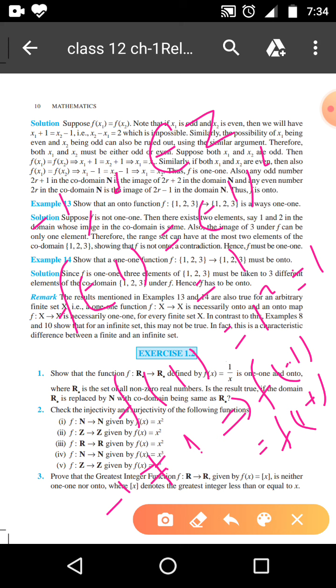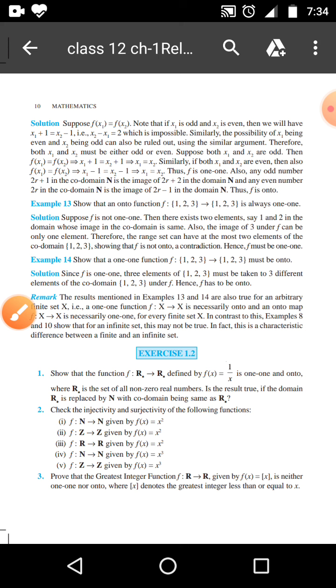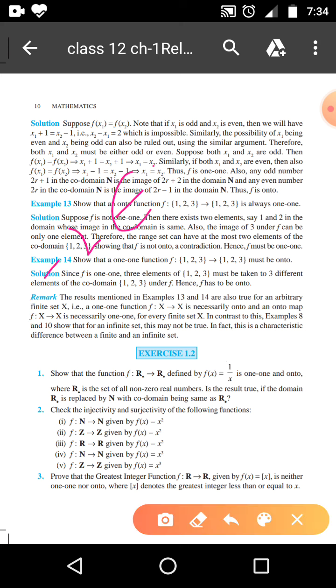That's why it is not one-one. Now for onto, if we talk about Z, consider any element, minus 2, minus 3 belongs to Z. If we take the image of minus 2, then this is (-2) square, this is 4. So the image of a number is always a positive number.